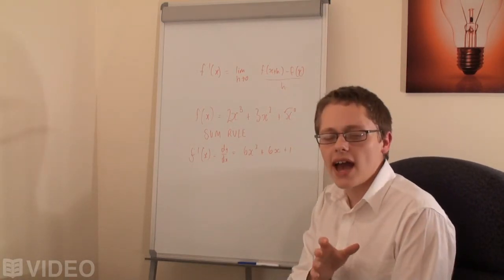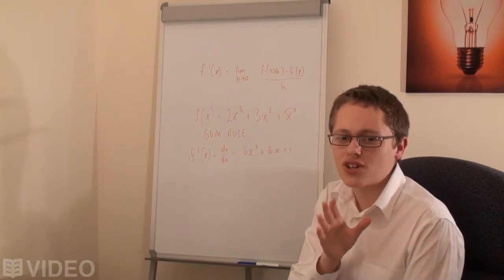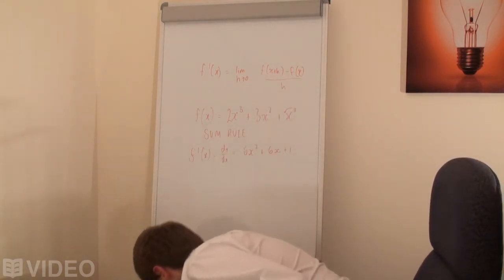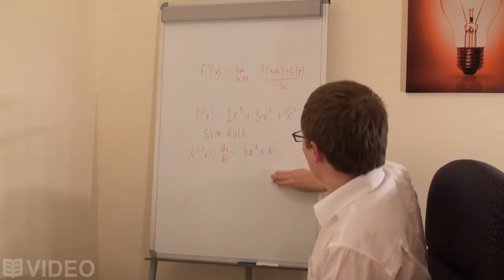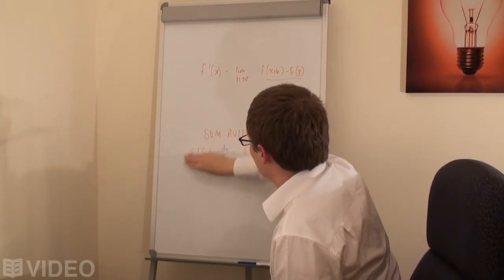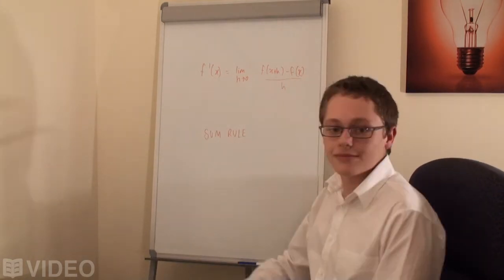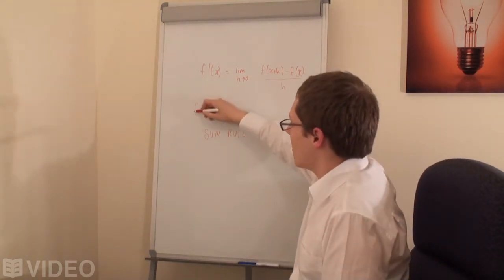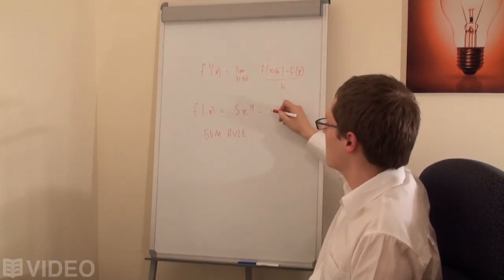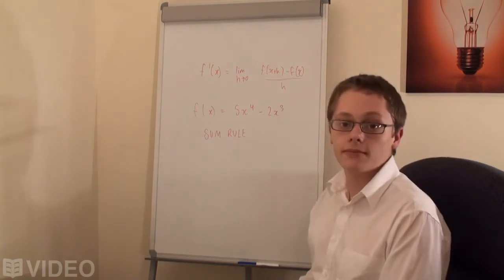Let's have a go at doing some where some of the terms are actually negative. And let's see what happens. And again, that's just the sum rule. Okay. Our function is going to be equal to 5x to the 4 take 2x to the 3.